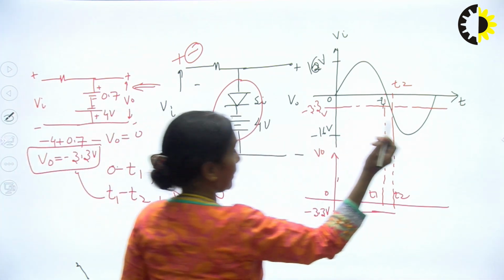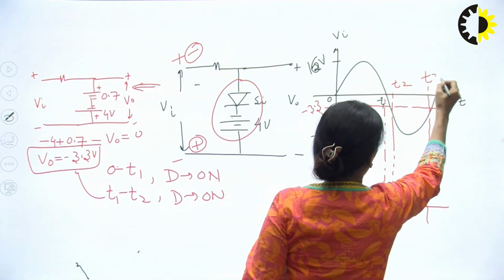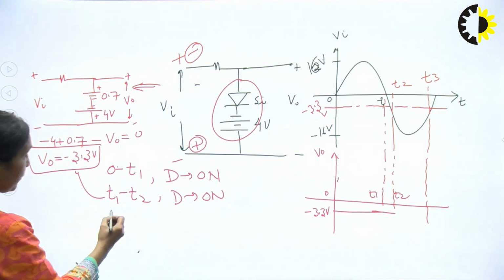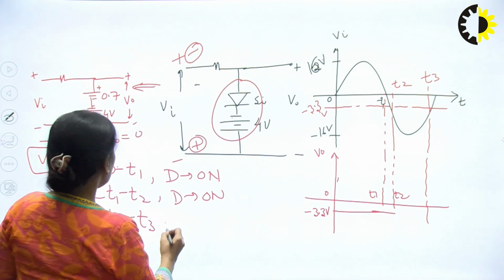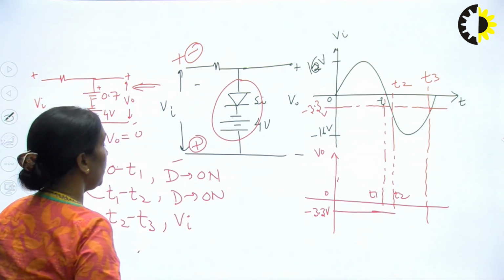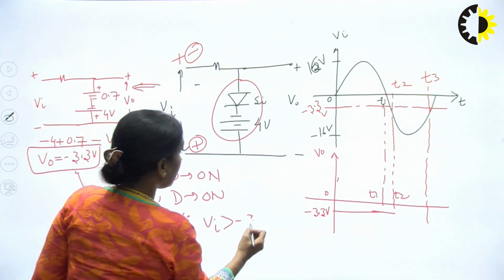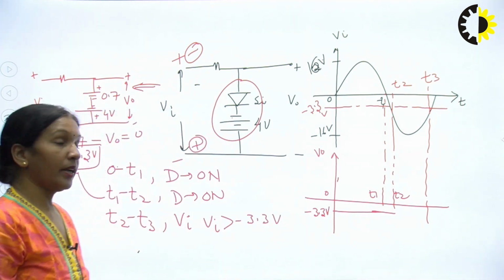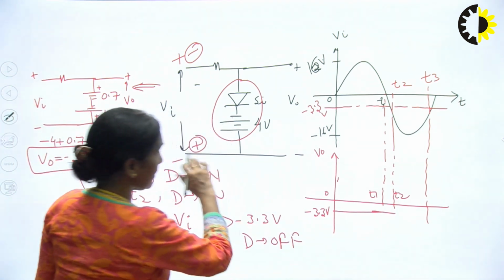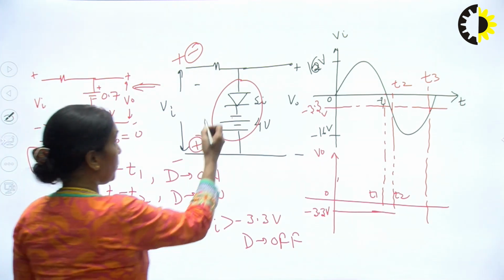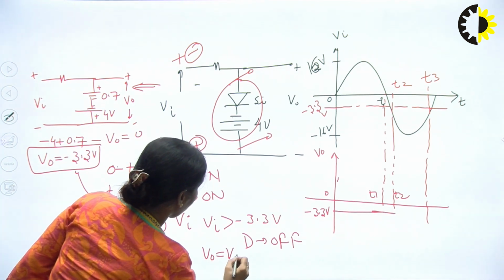But as soon as I come to the cycle during T2 to T3, my VI is greater than minus 3.3 volts. So your diode will be off. Off means it will be open circuit. Open circuit means output will be equal to input.